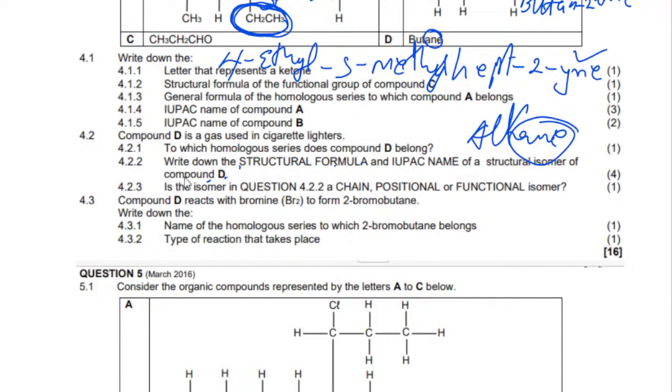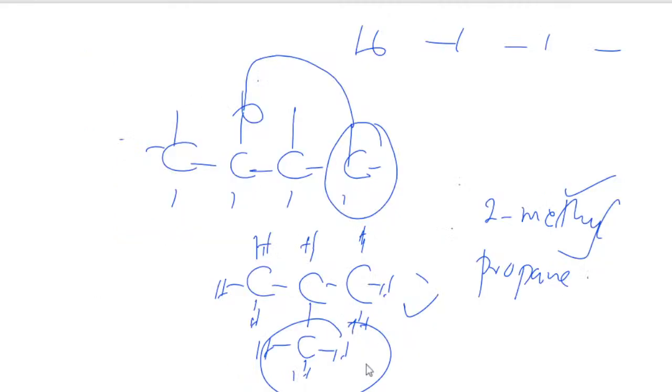They're asking what type of isomer you have mentioned above: positional, chain, or functional. If you look at it, what has changed here? Is it a functional group? No, we don't have functional isomers in alkanes. What you have changed here is the chain, the structure of the chain.